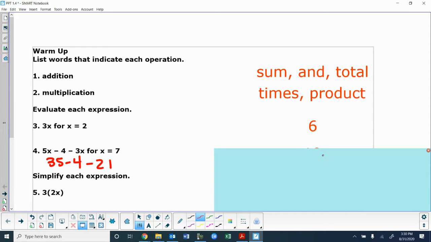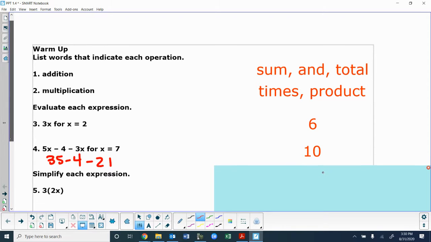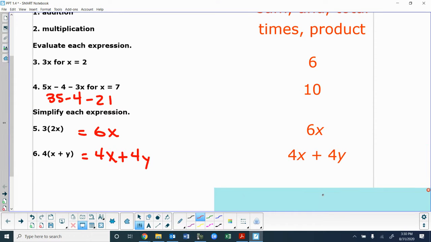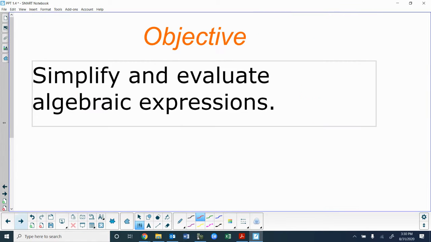So 31 minus 21, that would be 10. And then simplifying expressions, we'll just go 3 times 2x, will be 6x, and distribute the 4, so you have 4x plus 4y. Things you probably already know, but just to get us warmed up for some of the stuff we're going to look at today.